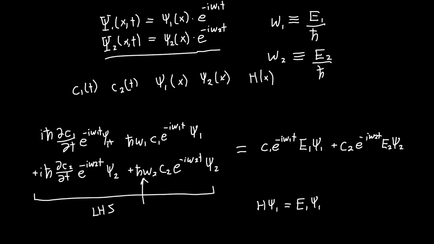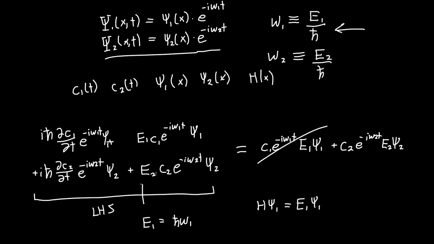And also on this side, we've got these terms h bar omega 1 and h bar omega 2. But remember, just above, we defined omega 1 and omega 2 to be E1 and E2 over h bar. So E1 is just equal to h bar omega 1, and similarly E2 is equal to h bar omega 2. So we can replace these also with the energies E1 and E2. And now we can cancel some stuff.